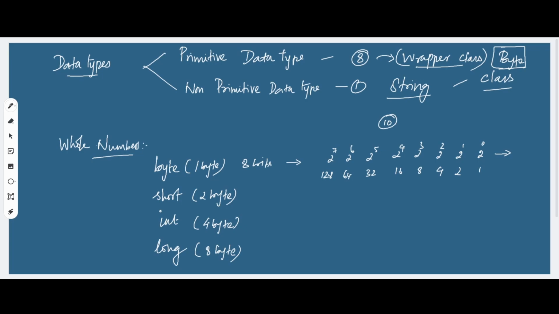If it is 10, then we have to put 1 on 8 as well as 2. If you add 8 and 2, you will get 10. The remaining you need to fill with 0.